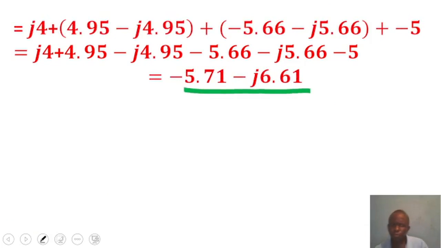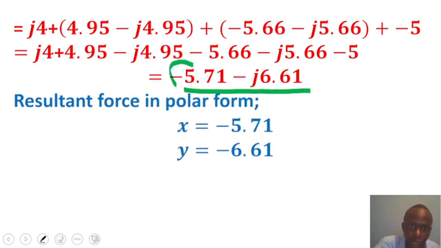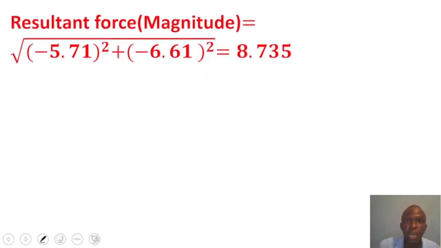Because the question has asked us to present it also in polar form, we identify our x, and our y is -6.61. Then we get the r.